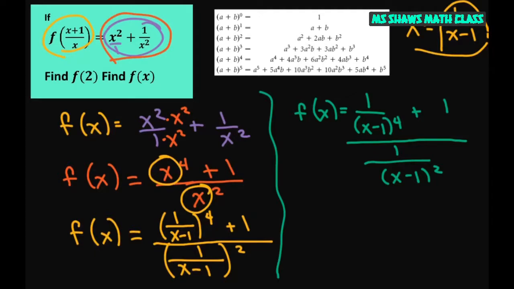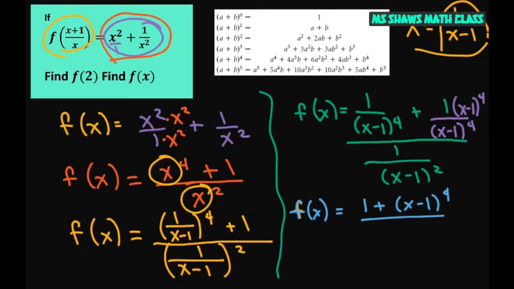Now, again, I want an x minus 1 to the fourth here, so I'm going to have to multiply this by x minus 1 to the fourth. So what you're going to get is f of x equals 1 plus x minus 1 to the fourth divided by x minus 1 to the fourth divided by 1 divided by x minus 1 squared.